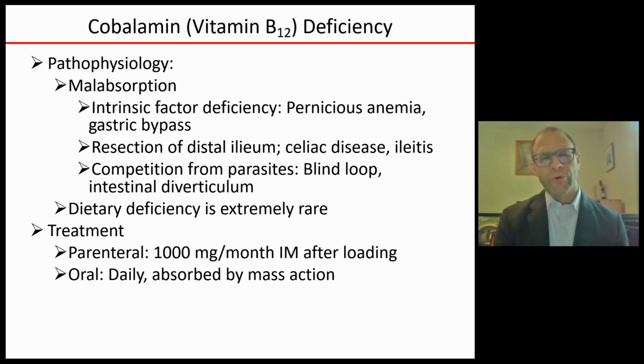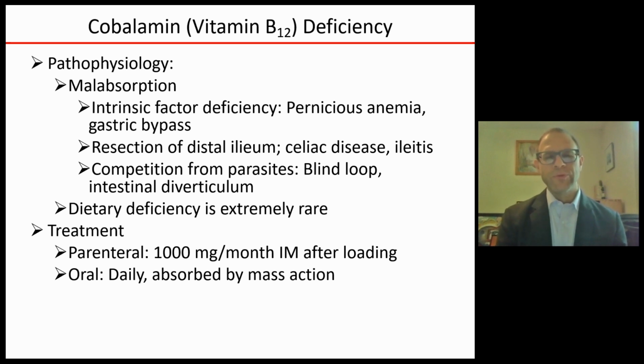I will use parenteral B12 therapy with an intensive loading regimen when it's severe, followed by maintenance, which is 1,000 micrograms each month. And if it's not severe B12 deficiency, we'll try oral.